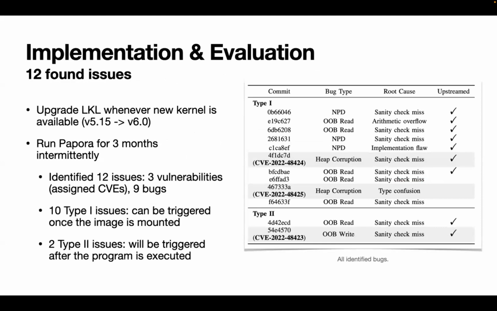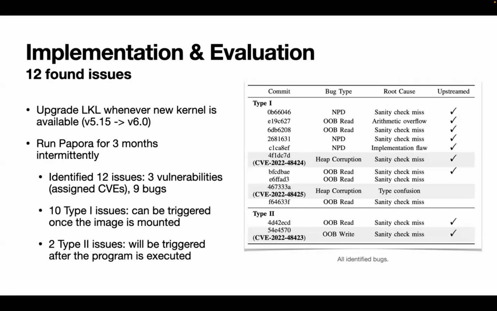All these issues are divided into 2 categories. Type 1 means that these bugs and vulnerabilities will be triggered once the image is mounted. However, type 2 bugs will be triggered only after the syscall program is executed. We can see that most of these bugs are out-of-bound accesses, 3 of them are null pointer dereferences, and the others are heap corruption.